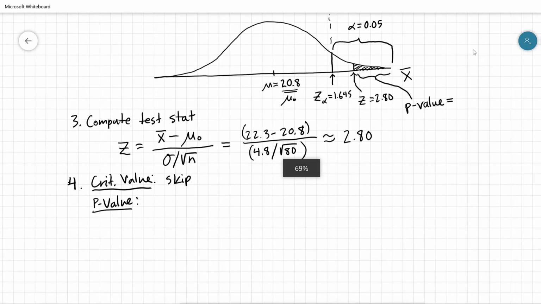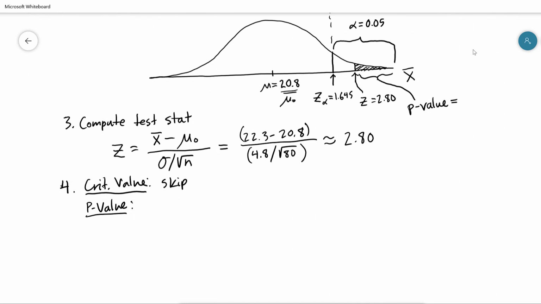We're going to be able to use table A2, so find the area, in this case, to the right of z equals 2.80, which is the p-value.